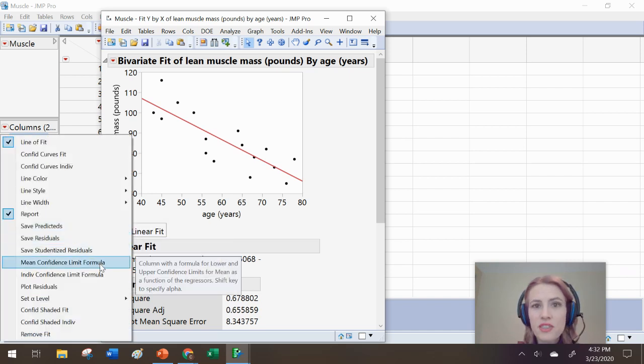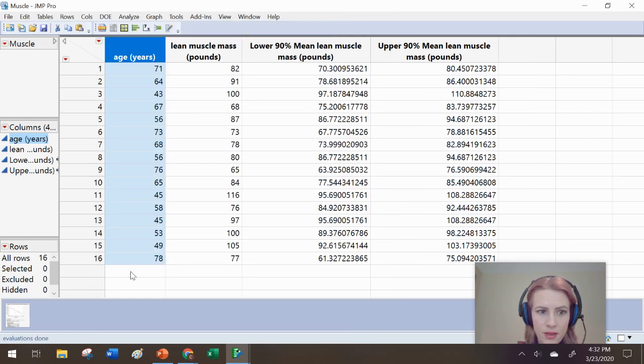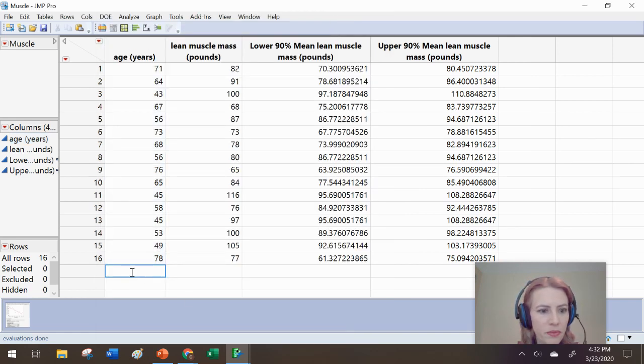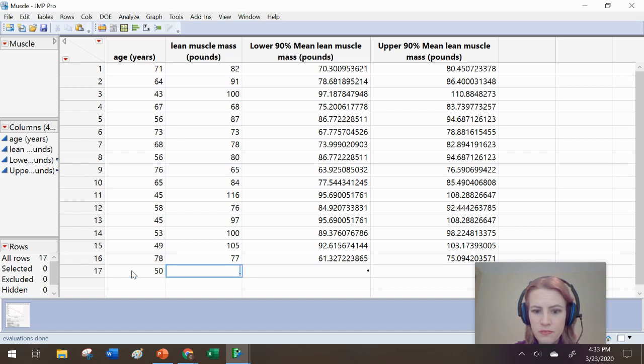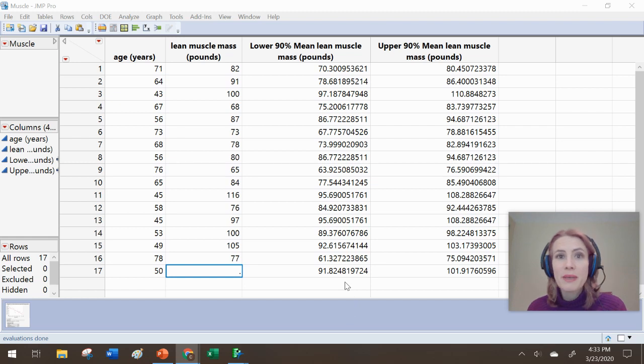If we're interested in the mean among all men who are 50 years old, we would go to the mean confidence limit formula, and I'll just go down to the next open row and put in an age of 50 years. So we can be 90% confident that among all 50-year-old men, their mean lean muscle mass is between 91.8 pounds and 101.9 pounds.